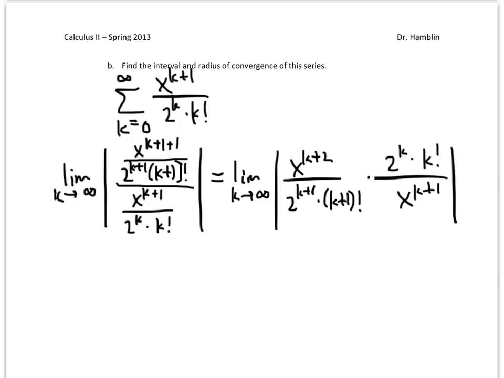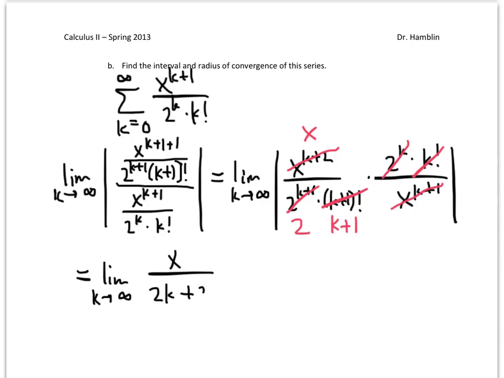Alright, now we start simplifying like crazy. X to the k plus 2 over x to the k plus 1, we're going to get an x left over on the top. 2 to the k over 2 to the k plus 1, we get a 2 on the bottom. K factorial over k plus 1 factorial, we get a k plus 1. And so after all the smoke clears, we get the limit as k goes to infinity of x divided by 2k plus 2.